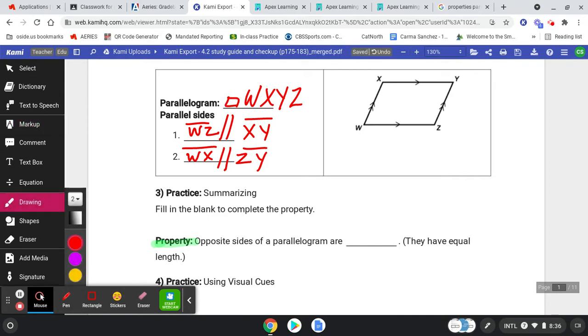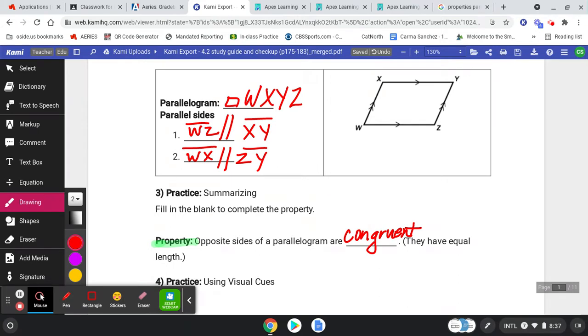parallelogram. One of the properties of a parallelogram is that the opposite sides of the parallelogram are congruent, meaning that they have equal length. So you guys probably already knew that.